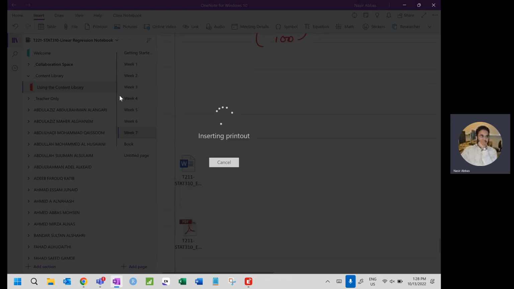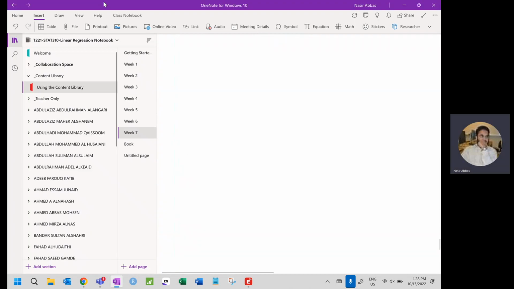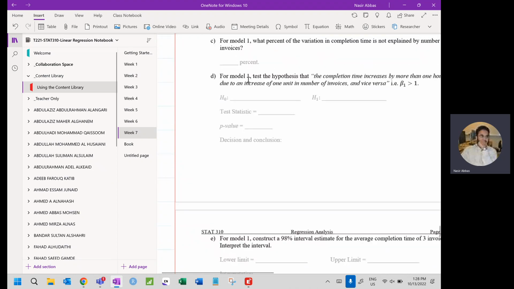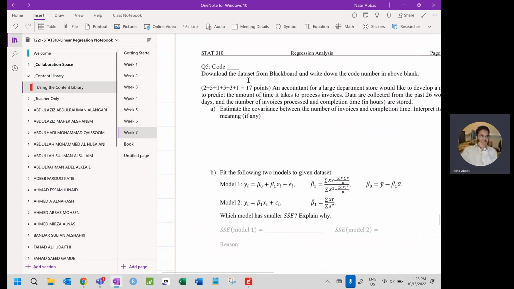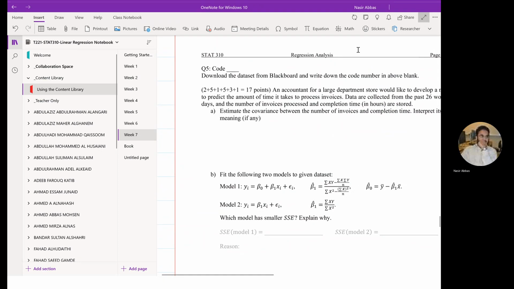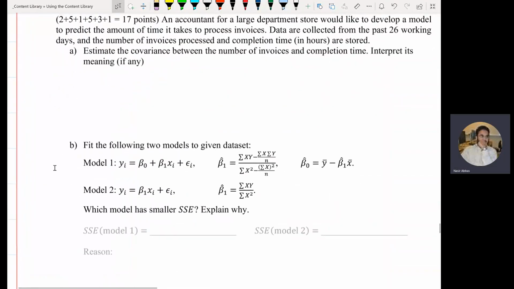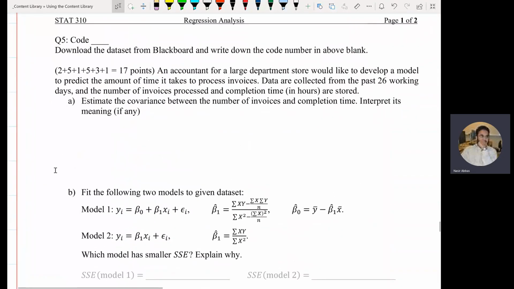We will not do anything. Look here. This is 211, 1 year ago.